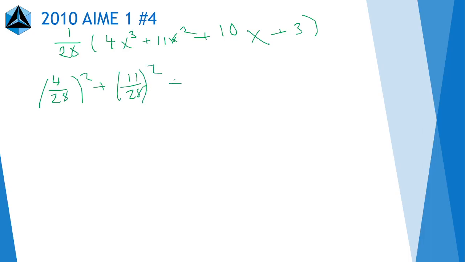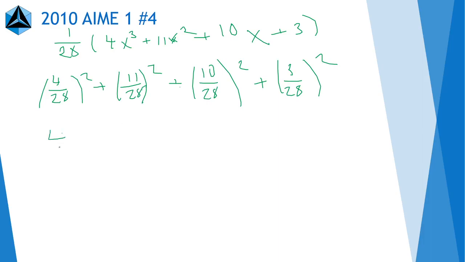With 1 head, it's 10/28 squared. And with 0 heads, it's 3/28 squared. All right, so we just have to compute this value, and that'll give us our answer.